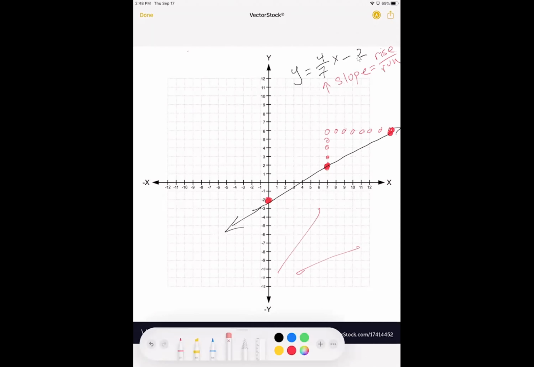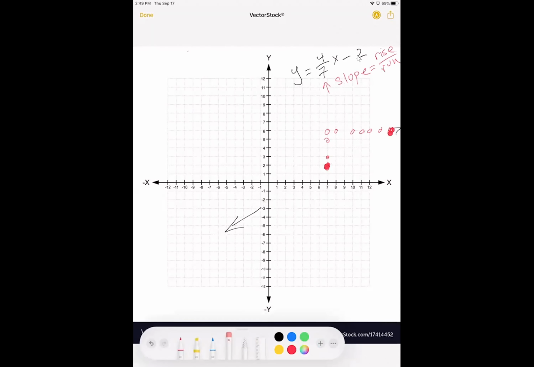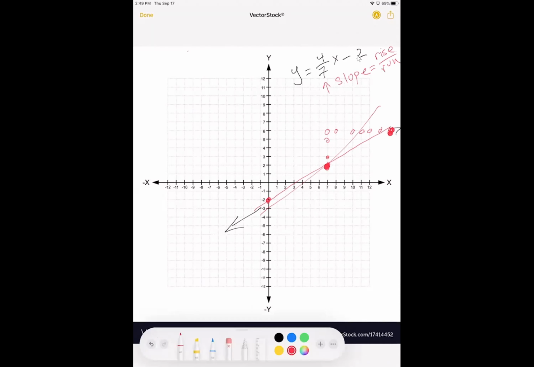That's why I go 3 points, to know that this line goes this way and not this way. You know what I mean? So that's why I go 3 points, to show you that if you keep on going with your slope, you will get the same point, or you will get the same line, I should say.